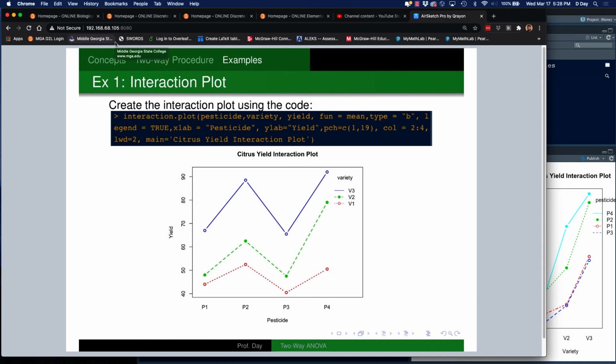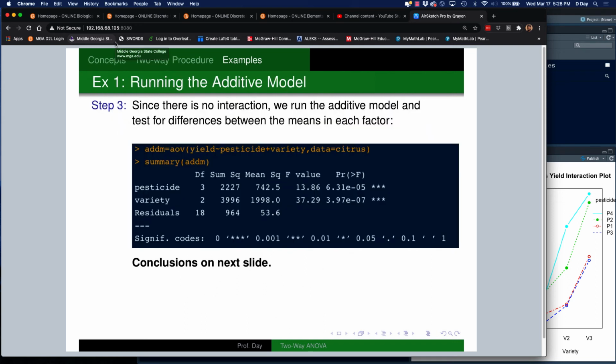All right, so let's continue on. So we found that there was no interaction. We're about to run our additive model now. All right. So since there is no interaction, we run the additive model. Again, I called that add M and R. And the difference between the additive model and the full model is, remember, the full model was the analysis of variance, and in this case, it was yield tilde pesticide.